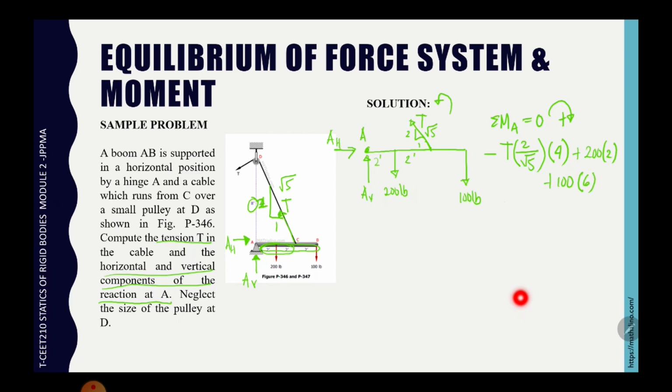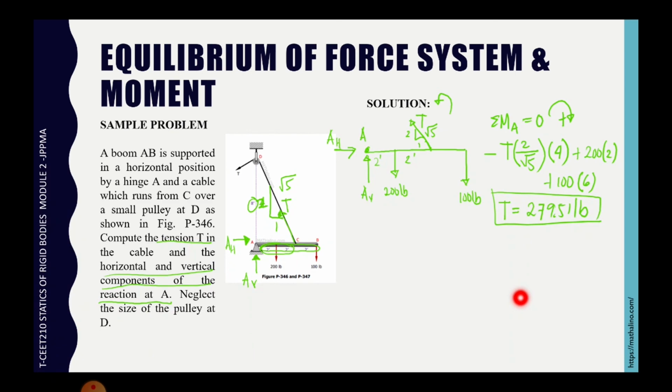So, para makuha mo si T is equal to 279.51 pounds. Ayan. And that's the answer for the first requirement. Tension T is equal to 279.51 pounds.